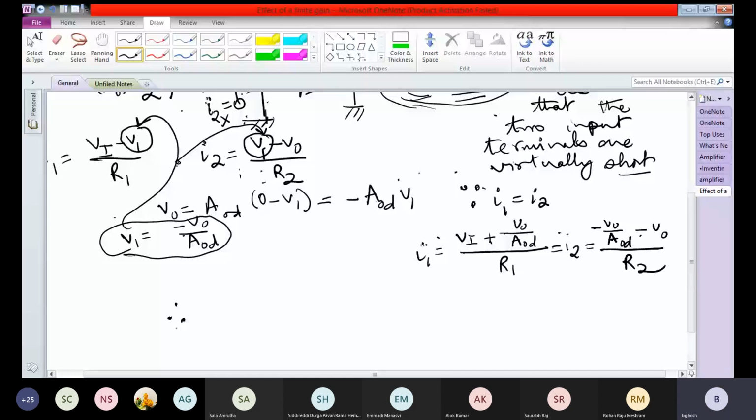So AB is given by V0 by Vi, that is minus R2 by R1, times 1 by a correction term.